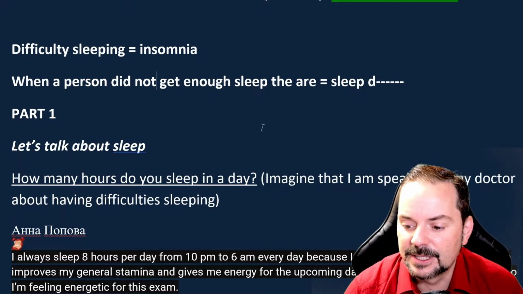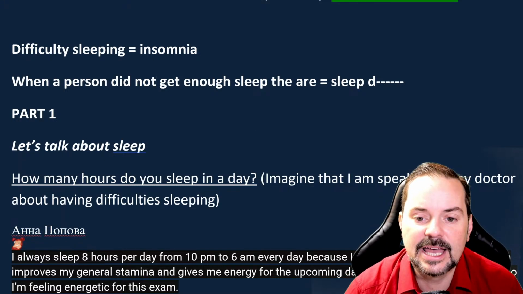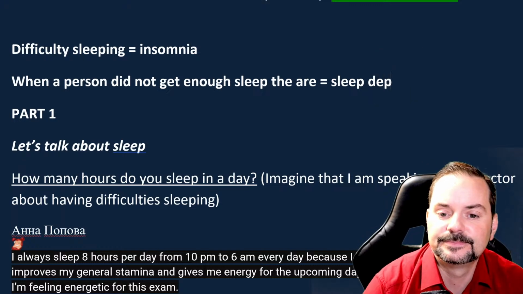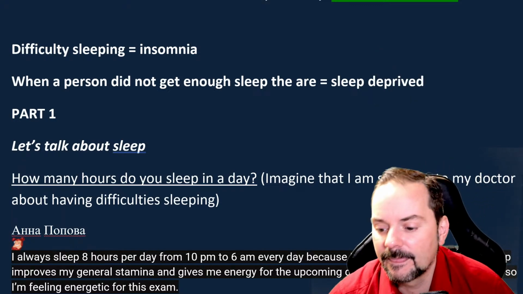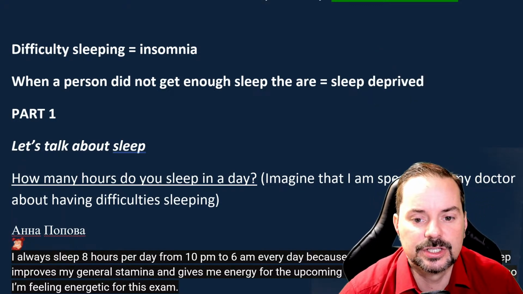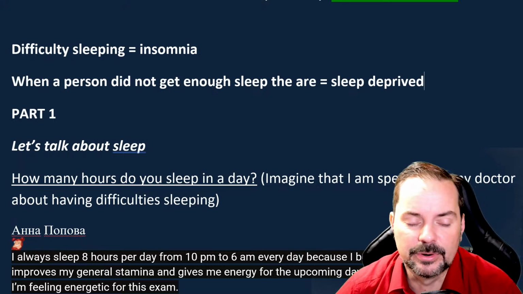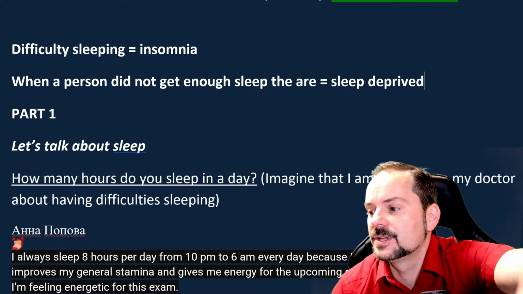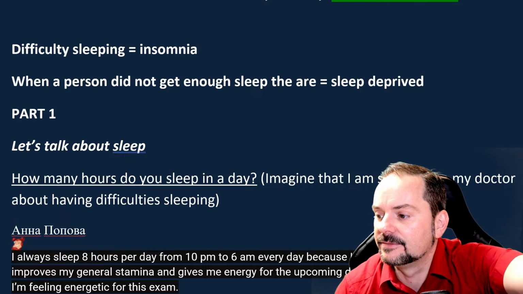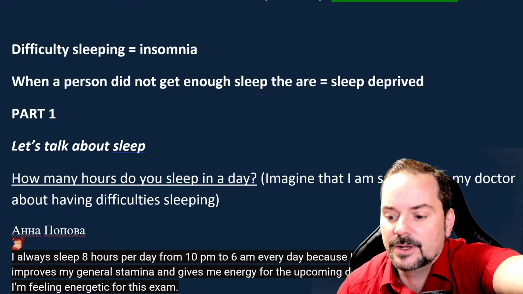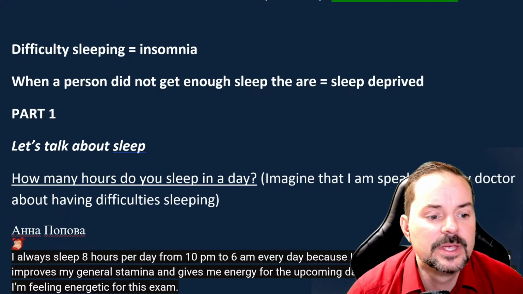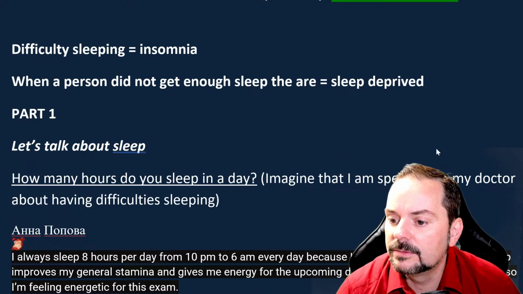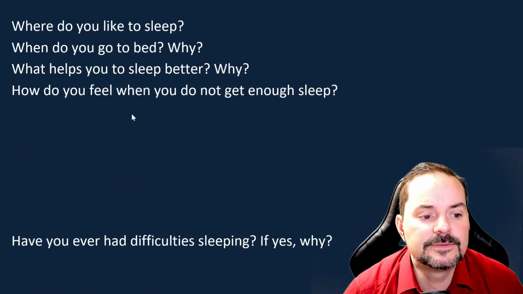Good vocabulary. They're sleep deprived. Okay. It's a good collocation to remember. So if you didn't get enough sleep, you can say, I am sleep deprived. Okay. Nice. Okay. So give me a nice full sentence answer.